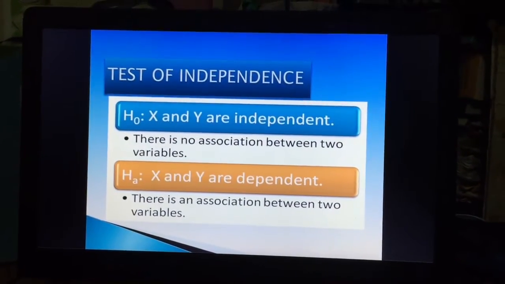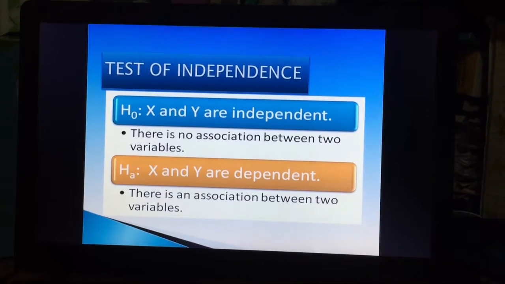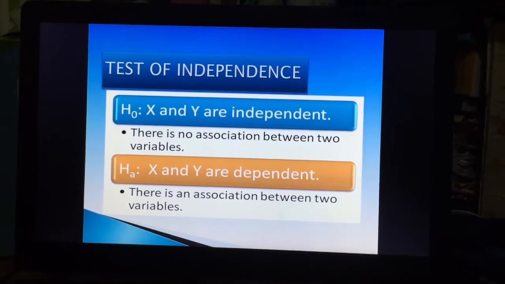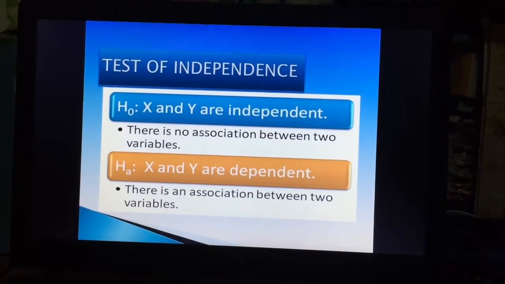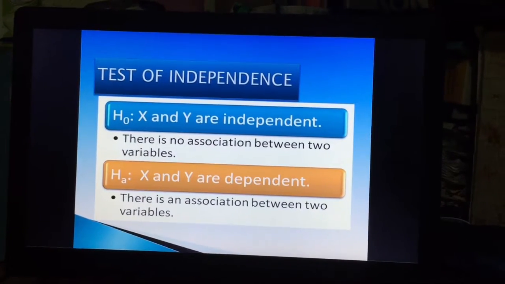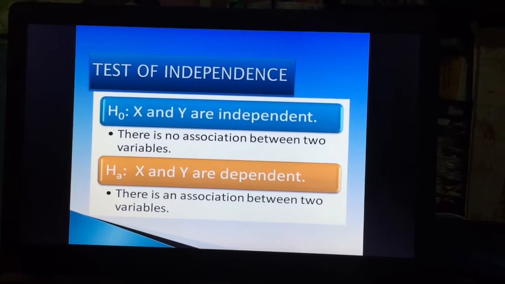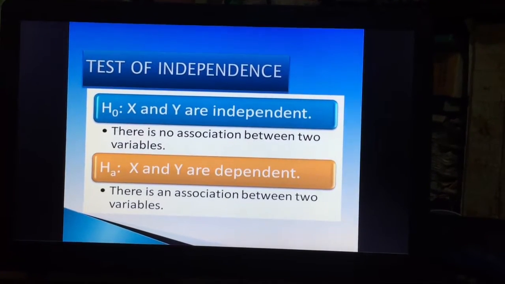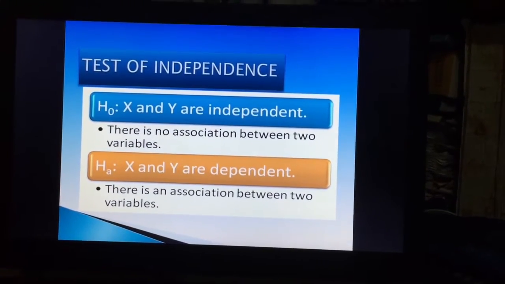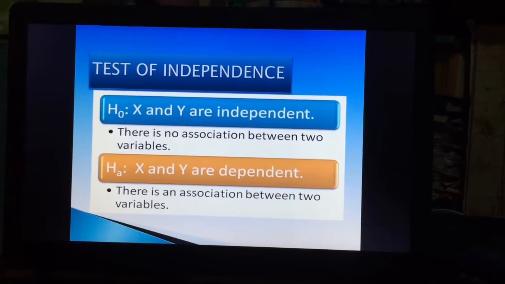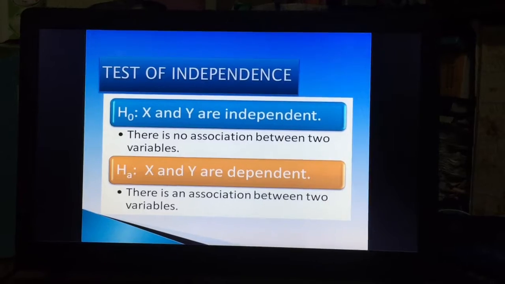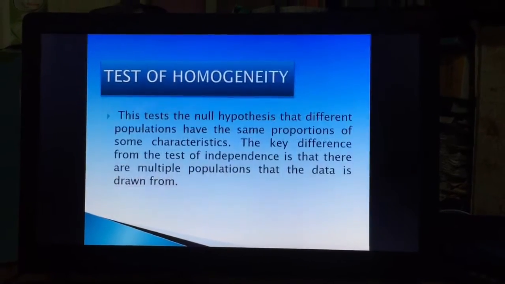For our test of independence, our null hypothesis, H sub O, is that X and Y are independent. This means there is no association between two variables. For our alternative hypothesis, H sub A, X and Y are dependent. There is an association between two variables.